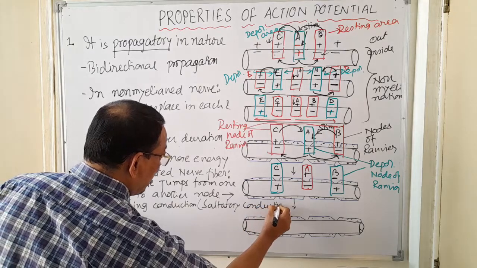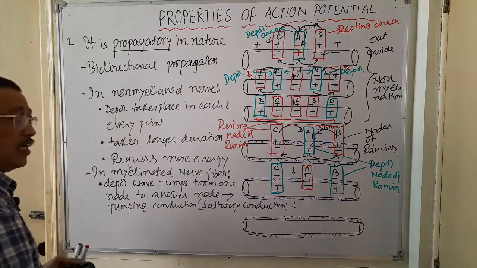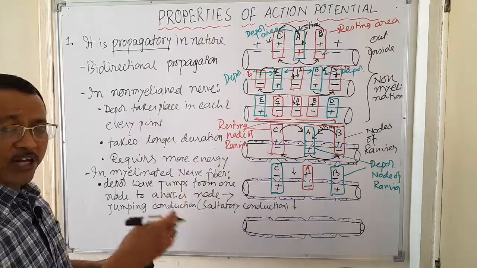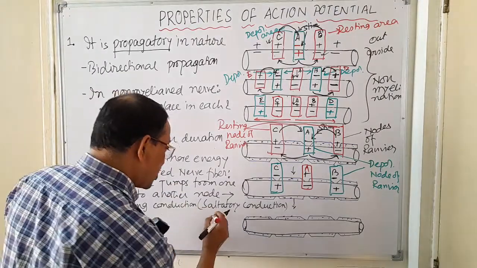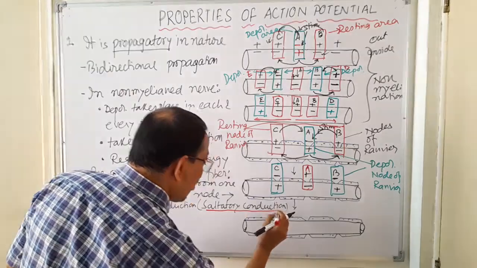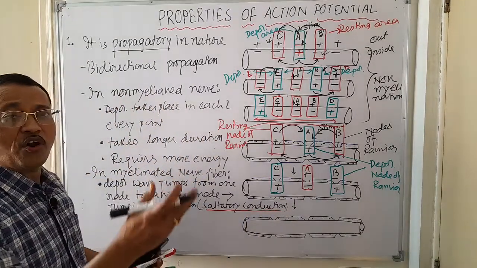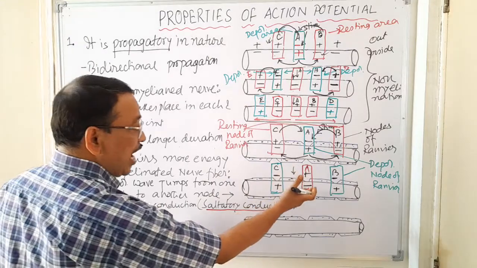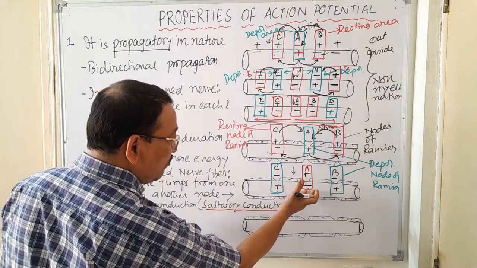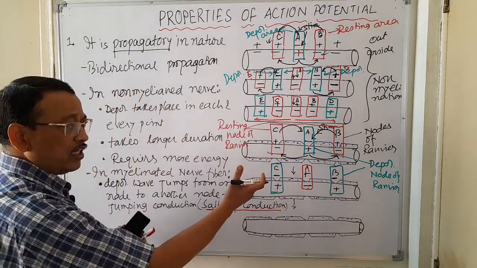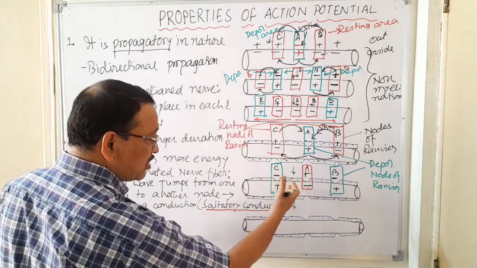So in case of a myelinated nerve fiber, the propagation of the action potential is known as saltatory conduction of the nerve impulse, or jumping conduction, because in this case the depolarization wave jumps from one node of Ranvier to the other node of Ranvier, and here in this case what's happened?